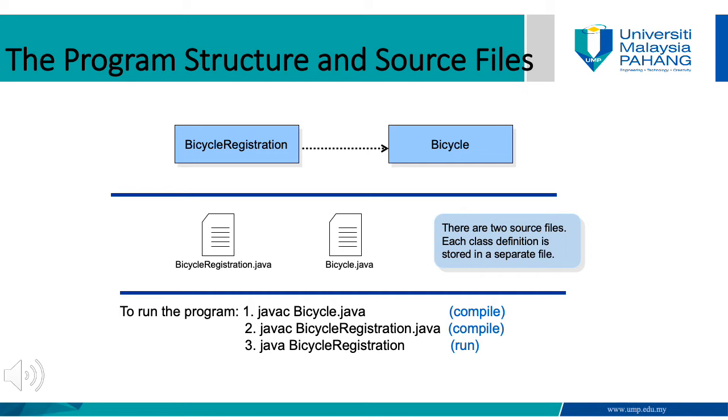All the information about the bicycle, for example about the owner, bike1 owned by Adam and bike2 owned by James, will be included in and stored in BicycleRegistration.java. On the other hand, we have Bicycle.java, which is the main class for this program.